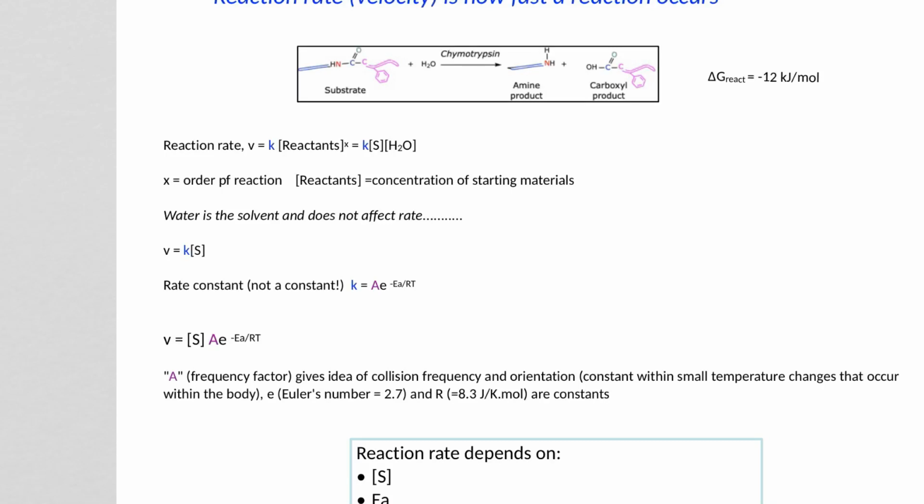Now, although k is called a rate constant, it's not really a constant number. k is actually given by this formula, A times e to the power of minus Ea over RT. So if we put this k value here, we get our velocity of the chemical reaction, which is substrate concentration times A times e to the power of minus Ea over RT.